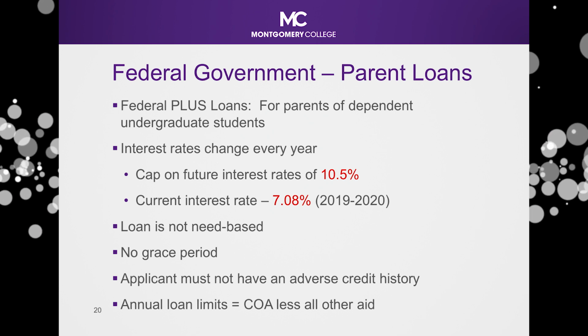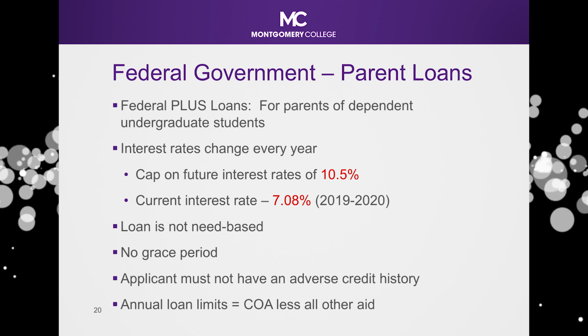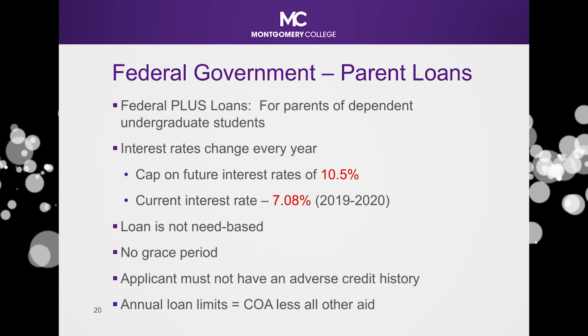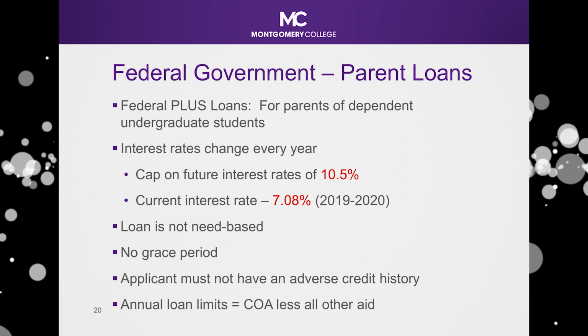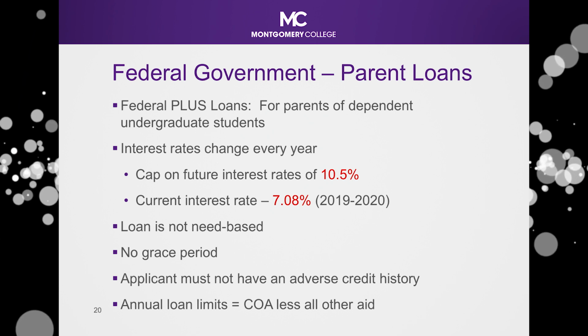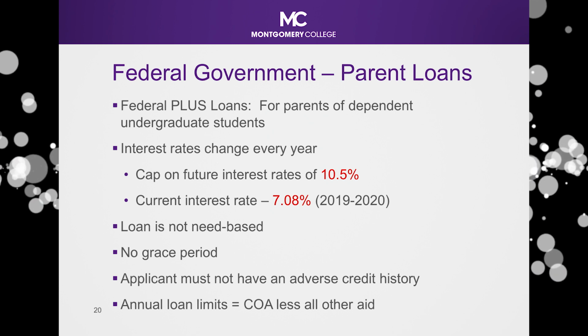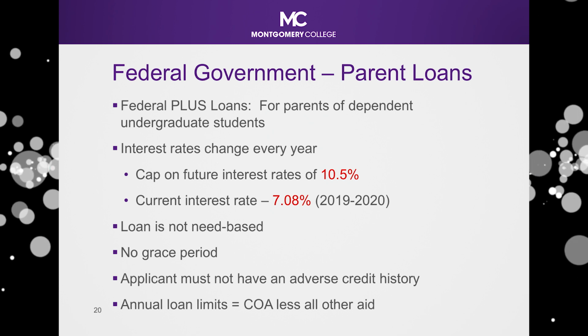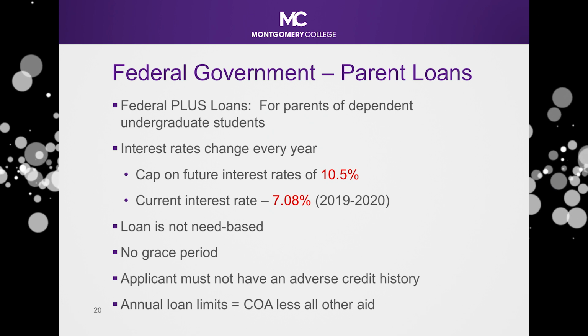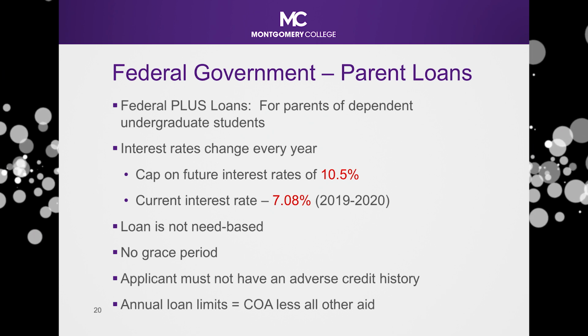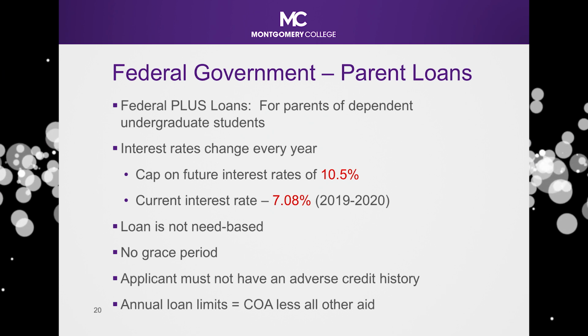But again, be careful. This does allow you to make sure your child can afford to go to school, but do not borrow more than you actually need, because you too have to pay this back. And in most cases, you start paying this back immediately after you get it. You can defer, but interest occurs.